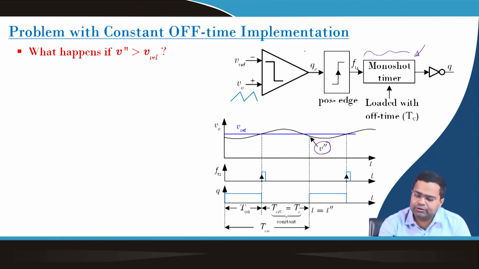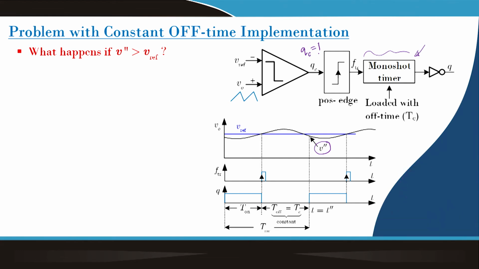that means QC will remain high. If QC remains high, there is no edge detected here. If no edge is detected, then the monoshot timer cannot be turned on again. As a result, the monoshot timer output is 0 and this Q will remain high.